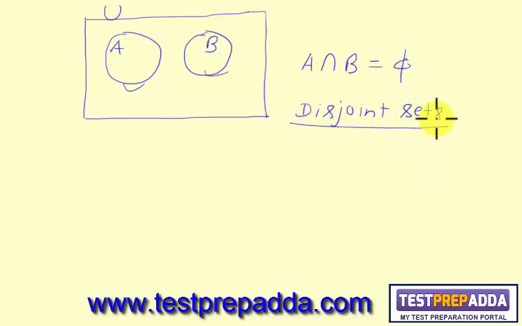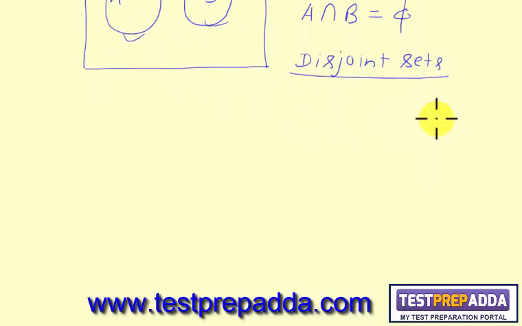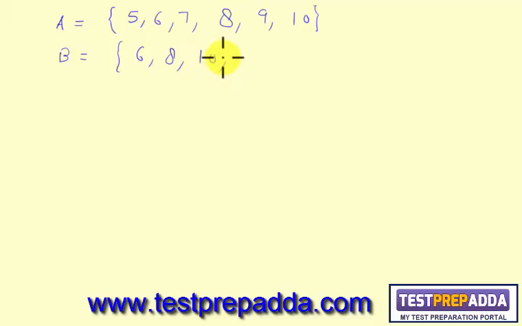Okay. Now if I consider two sets A and B as A is equal to {5, 6, 7, 8, 9, 10} and set B as {6, 8, 10, 12, 14}.